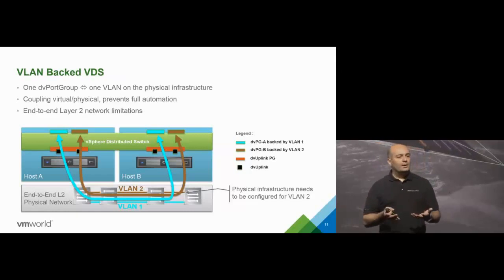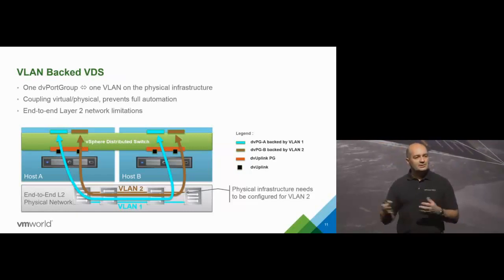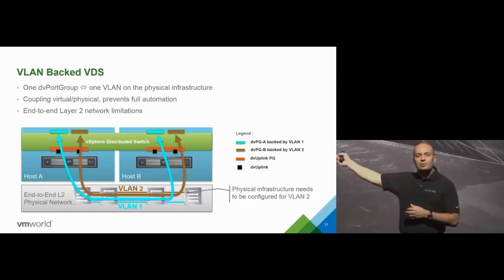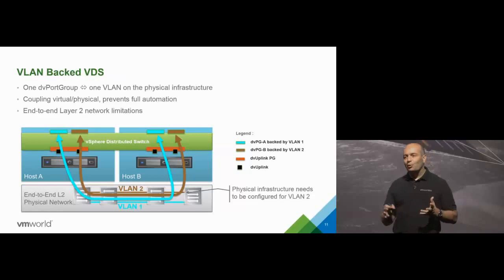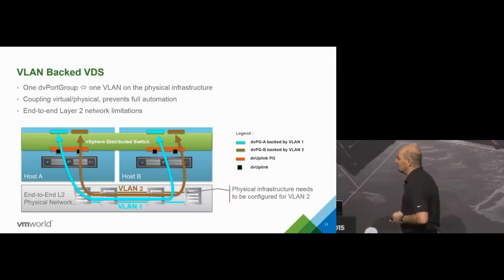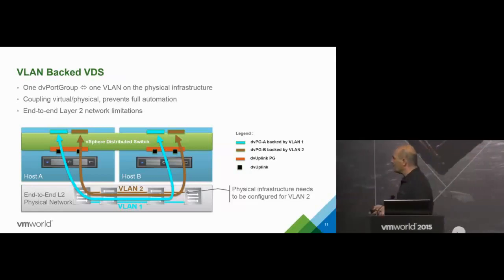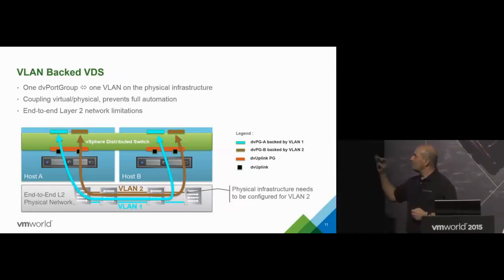The reason why people are asking for 4K VLANs is that they want to pre-provision every VLAN so that now when you go into the vDS and you ask for a new DV port group, there is already one VLAN available for this DV port group. This is, of course, not really scalable at the hardware level, and it's generally a problem. So this is a big issue in terms of coupling to the physical network.